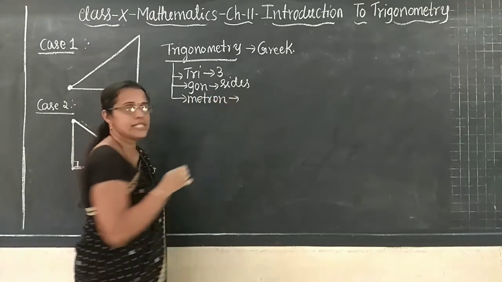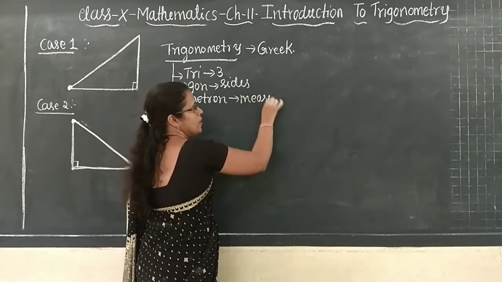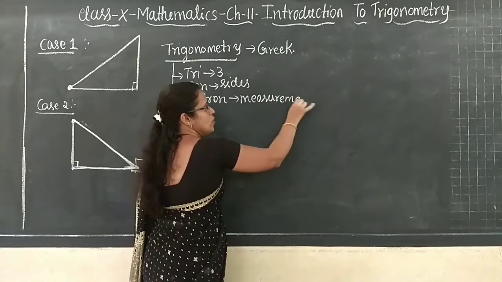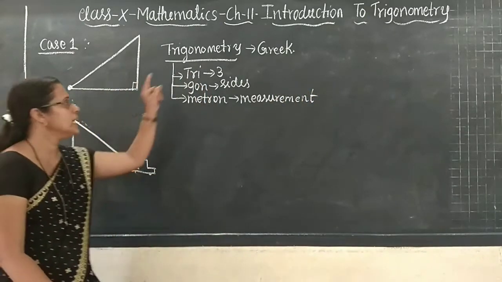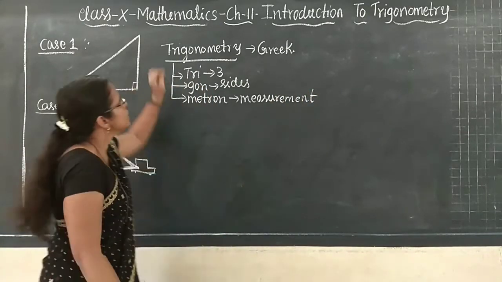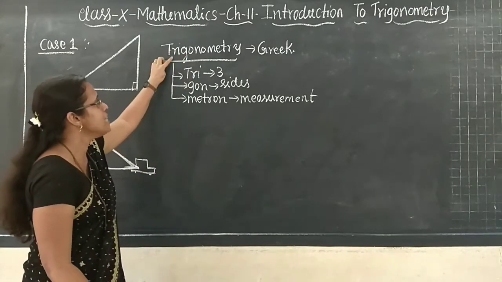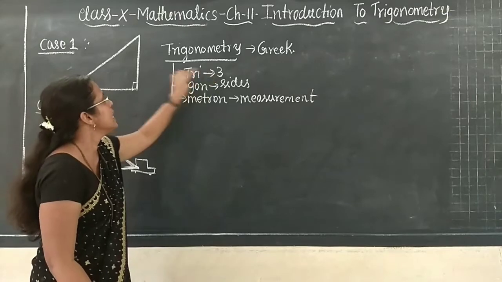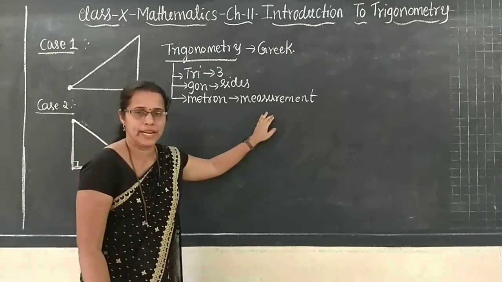It is called measurement. So, trigonometry is derived from the Greek word. What is the meaning of trigonometry? If you split it, I can write it as tri means 3, gon means size, and metron means measurement.